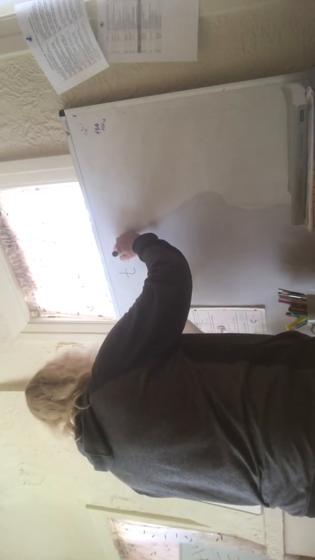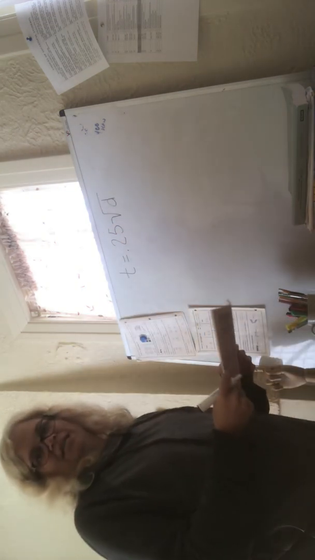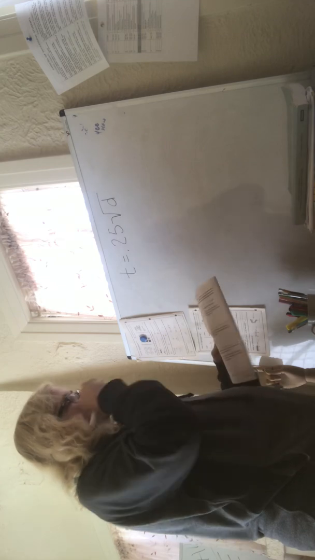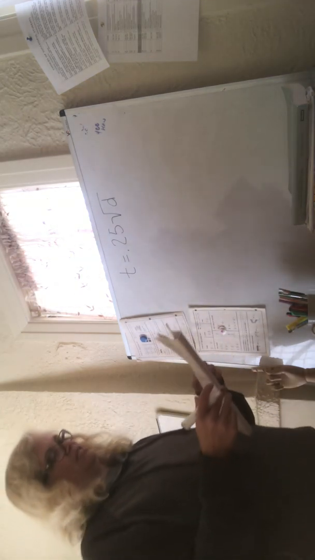The first formula involves objects falling, and this is the formula. T equals 0.25 square root of d. And here's what these numbers mean. So t is the seconds that it will take the object to fall after it's dropped, assuming that there's no air resistance.